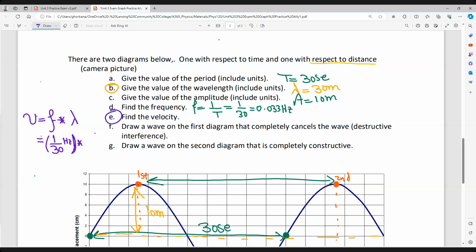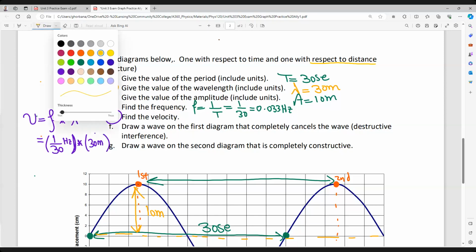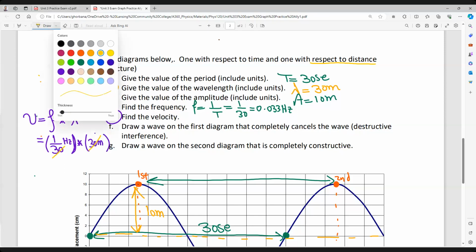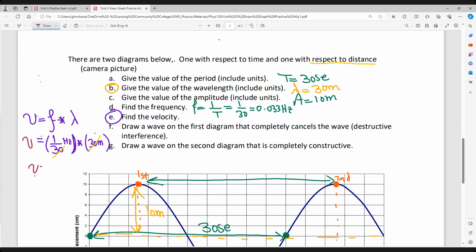What is the lambda? 30 meters. If I simplify these, 30 and 30 cancel each other. So the velocity is going to be 1 meter per second.